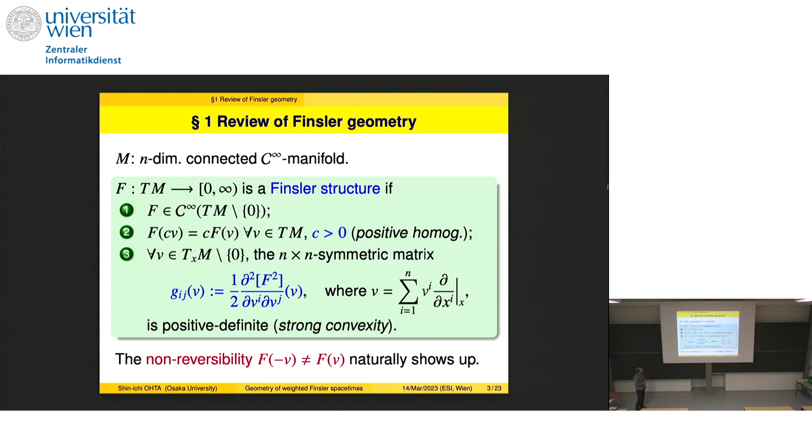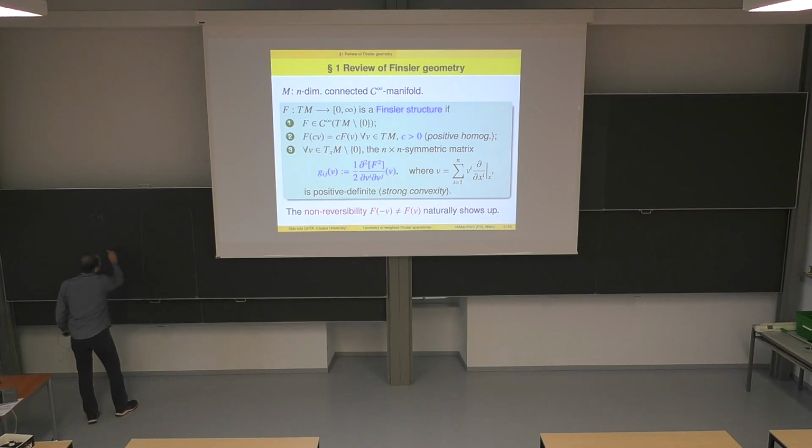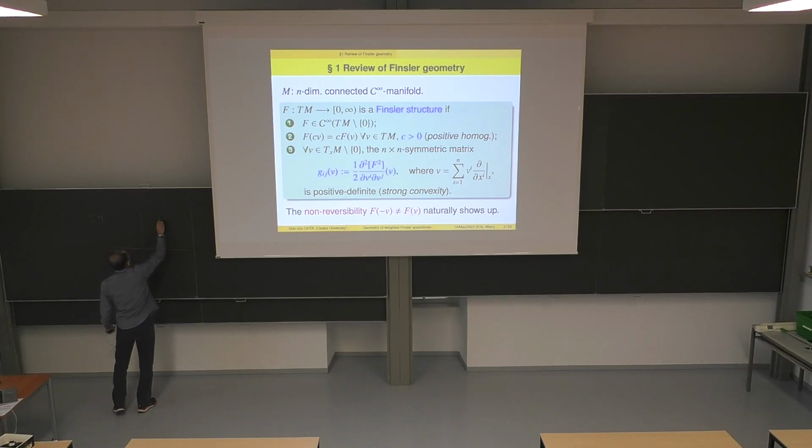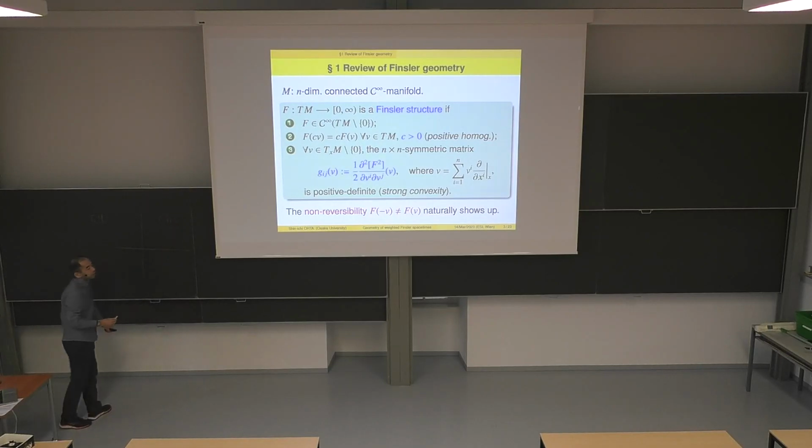This means that the Hessian of the square of this Finsler structure is positive definite. This is strong convexity. Let me draw a picture of the unit sphere of this structure in the tangent space. It is strongly convex, and of course includes the origin, but it's not symmetric, so it may be something like this.